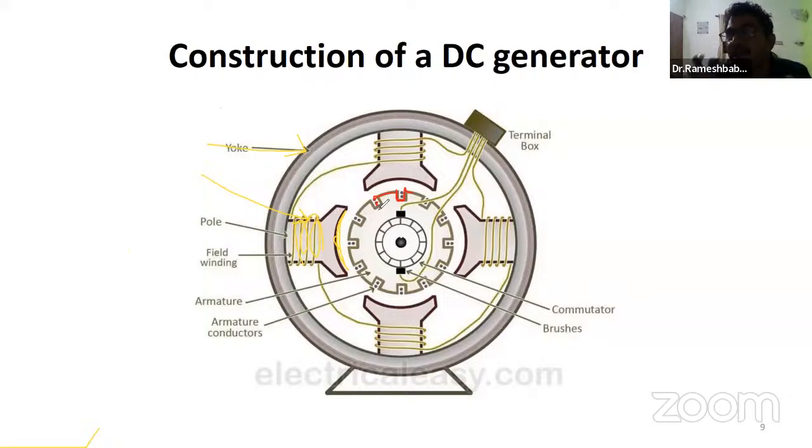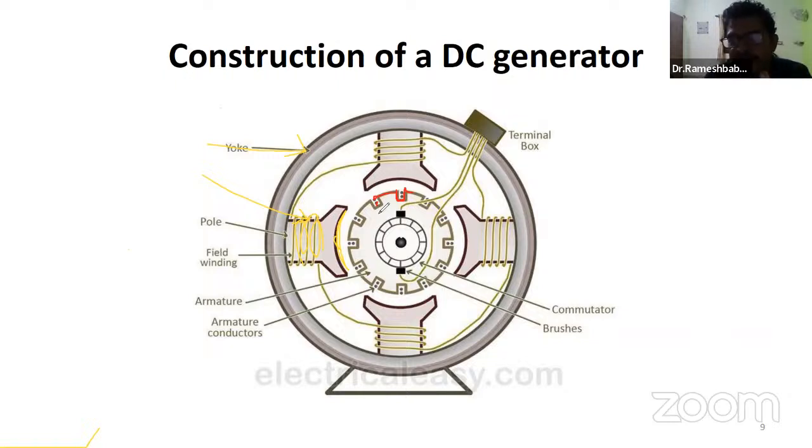The conductors are connected in two types of winding: lap winding and wave winding. The comparison we'll discuss later. So armature slots are there, and armature conductors are inside. The armature conductors are connected in lap or wave winding based on customer requirement, whether you want high voltage or high current.